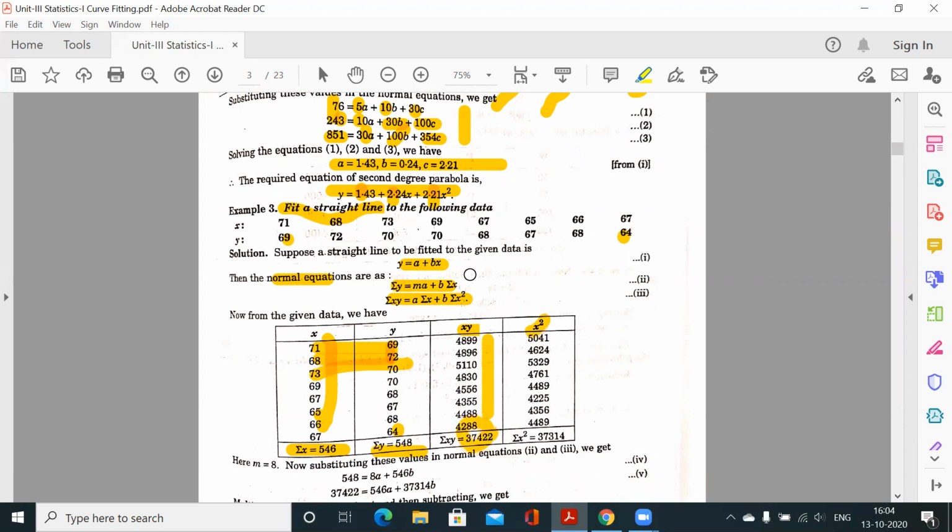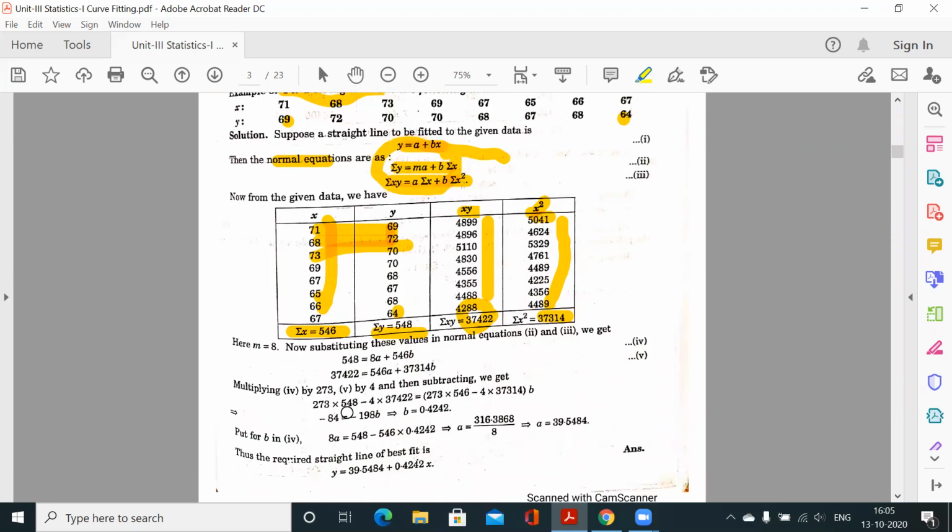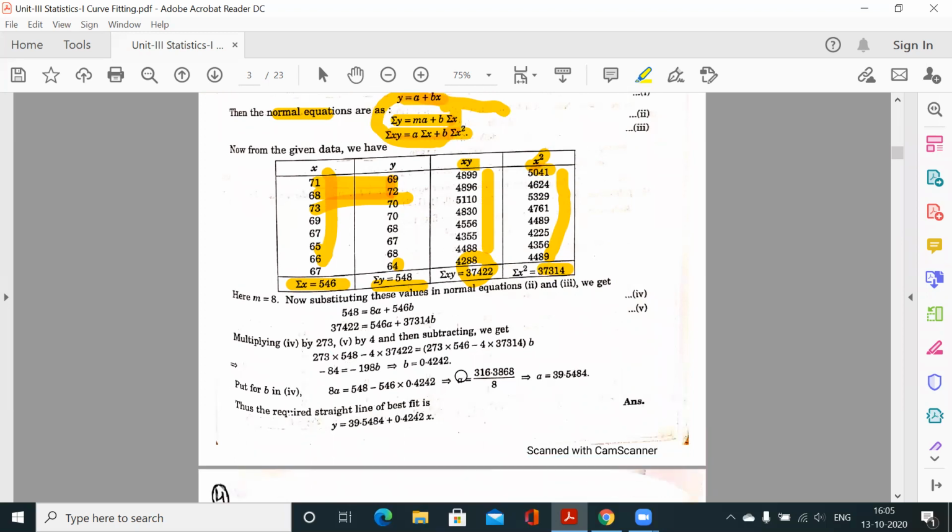Now, because we need summation x square, 71 square, 68 square, 73 square, 69 square. So these squares. Next, the summation. Now substitute these summations here, and you will get a and b. So this is a, this is b. So this is our answer, y is equal to a plus bx.